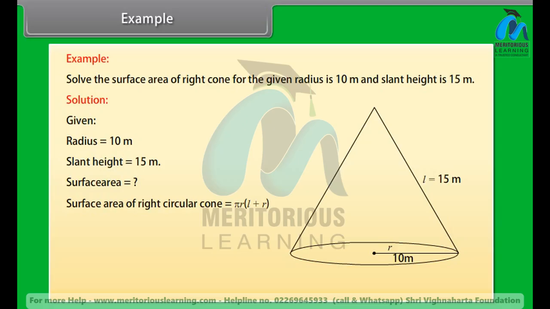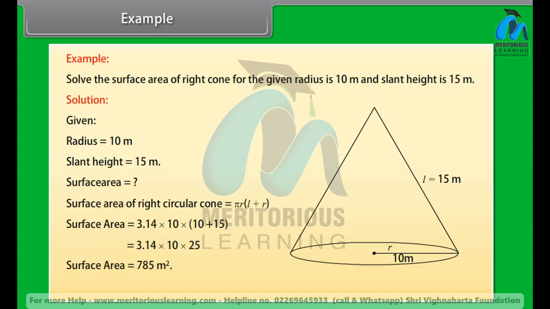Therefore, by substituting the values we get, surface area is equal to 3.14 × 10 × (10 + 15). By solving this, we get surface area is 785 square meter. Therefore, the surface area of the right cone is 785 square meter.